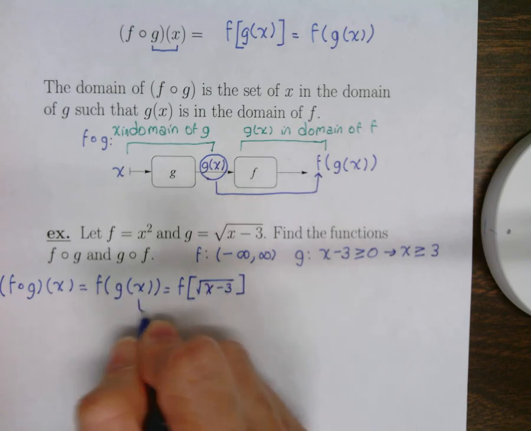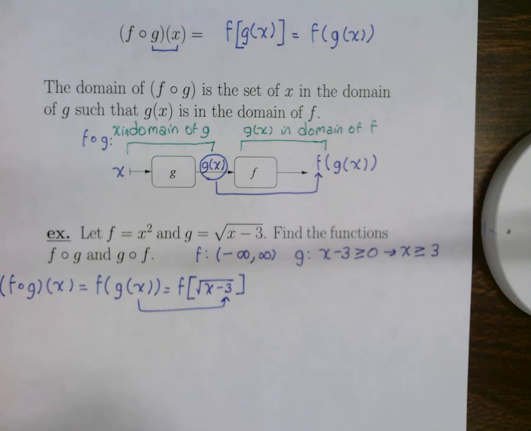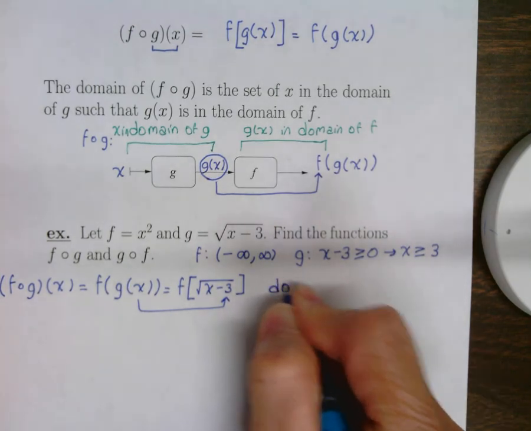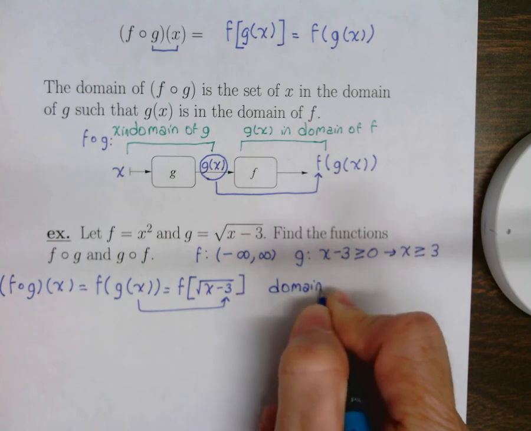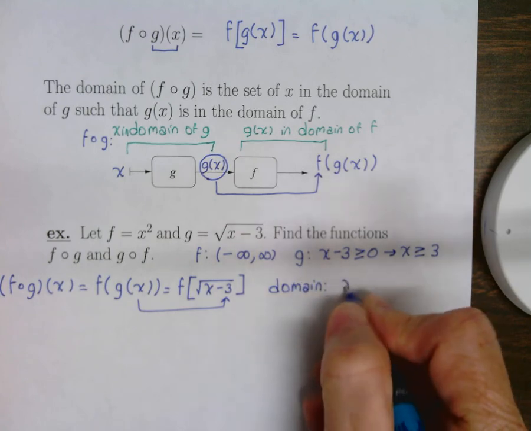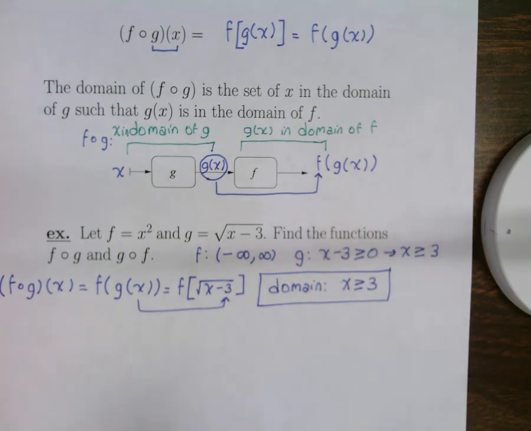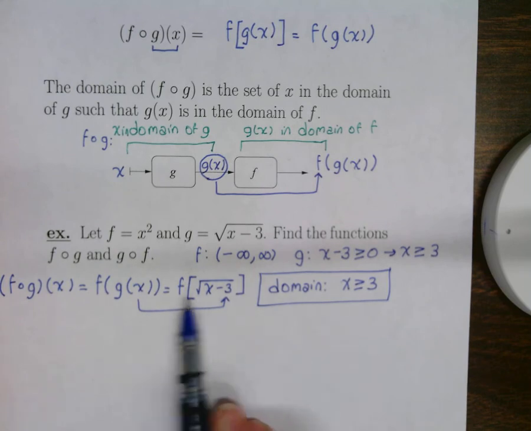I take g of x, and notice that that immediately puts in the domain restriction that x has to be greater than or equal to 3. Doesn't matter what else I do to the function, that has to be true, because that's how we're constructing the function.